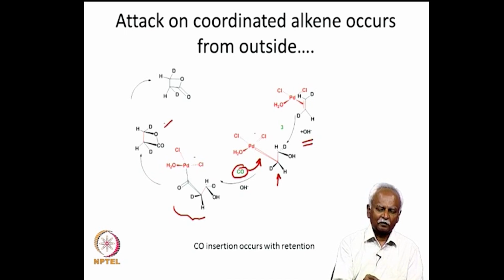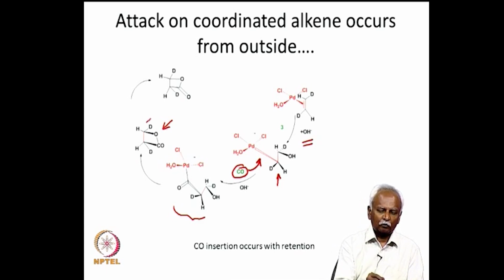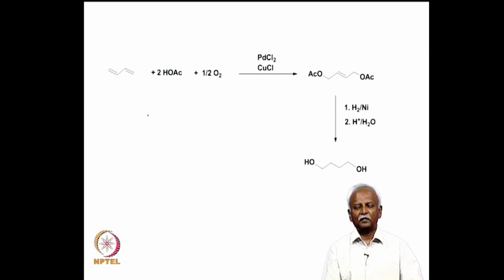In this case, a lactone can be achieved only if you bring the two deuterium atoms on the same side. So, you will notice that the migration has to happen with retention of configuration, so the OH minus must have come from the opposite side of the palladium. These are two mechanistically relevant and important reactions that have been studied.